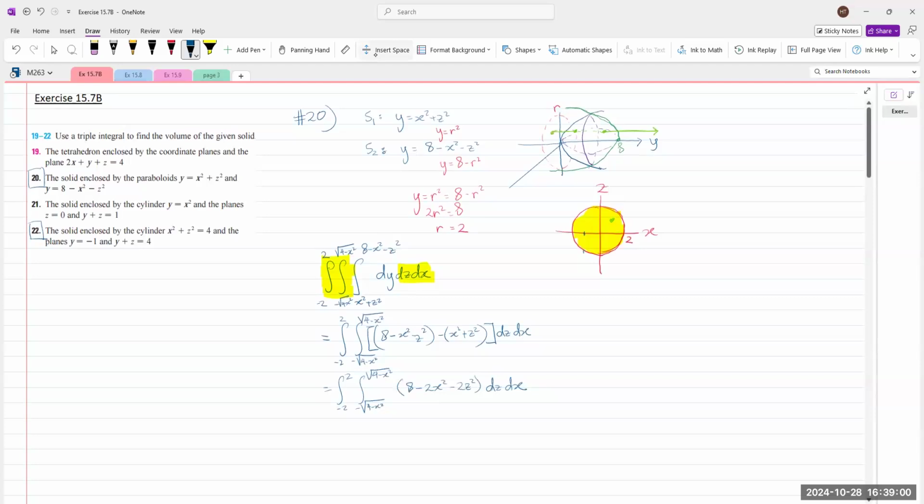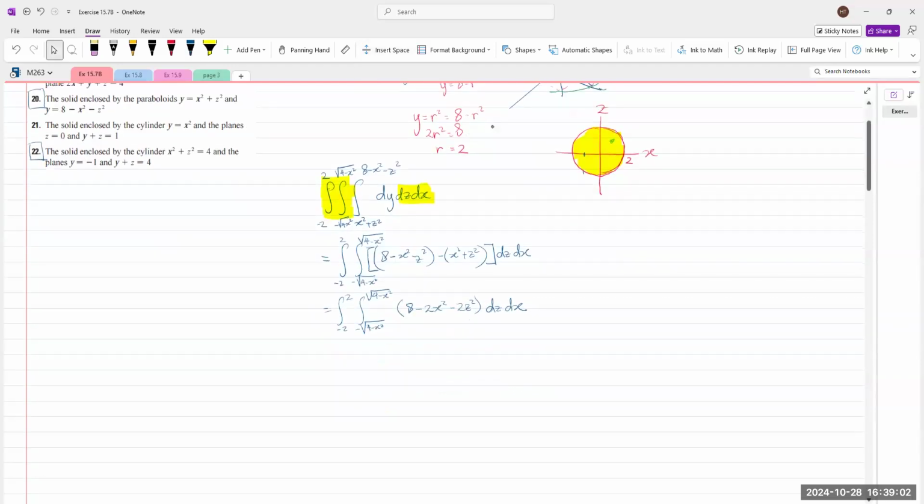I can factor the 2 out, right? So there is 2 times the integral from -2 to 2, the integral from negative square root of 4 minus x squared to square root of 4 minus x squared, 4 minus x squared minus z squared dz dx. Now I do the inner integral.